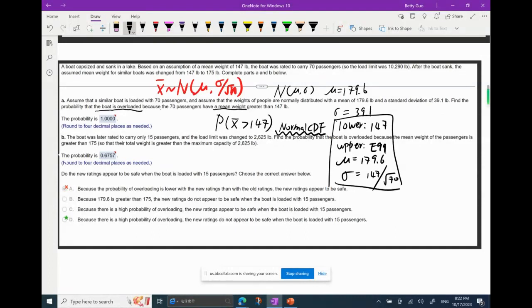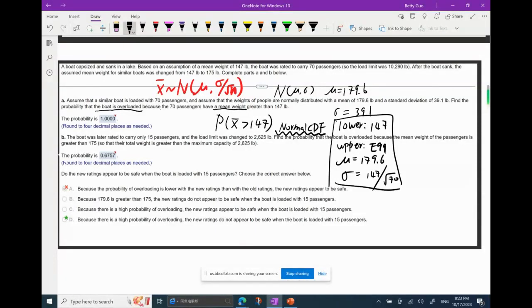Let's see what we have. Go to second vars, go down to normal CDF, lower bound 147, upper bound E 99. At this point you should know how we enter infinity, right? Mu is 179.6.